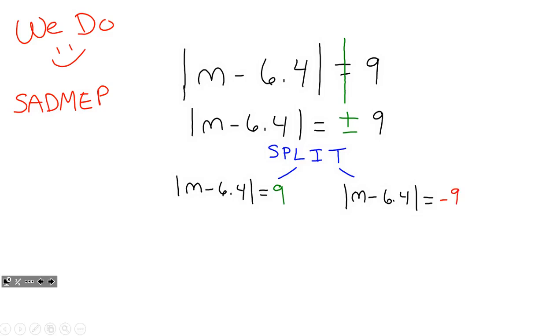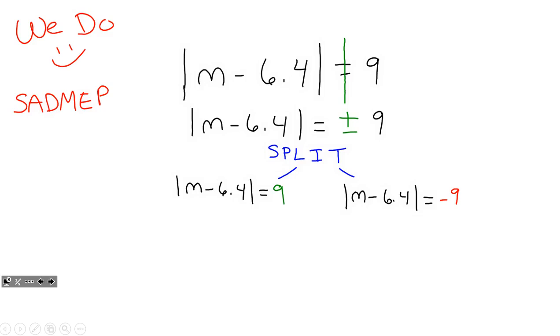So notice that the only thing that changed was the number that is behind that plus or minus sign. Nothing else changes. So don't go up here making up your own math problems. Only change the number behind the plus or minus.